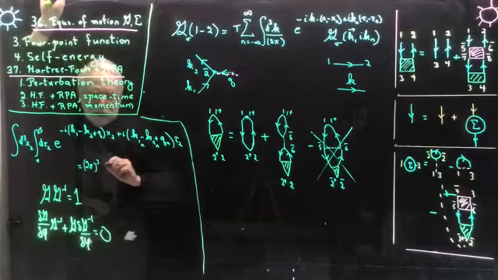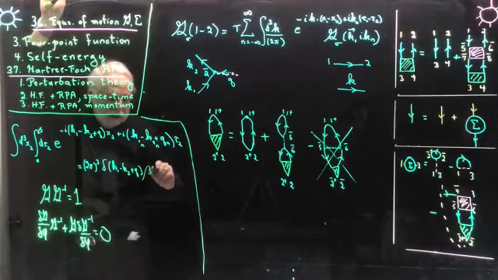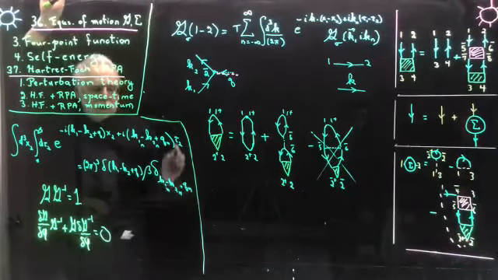So it means 2 pi cubed times delta of K1 minus K2 plus Q. And this integral over d tau 2 gives me beta times the Kronecker delta of K1n minus K2n equal to Qn. And that works out because the difference or the sum of two odd numbers gives me an even number. So it's possible to work it out this way.